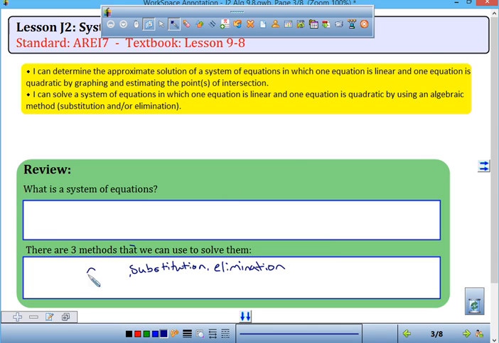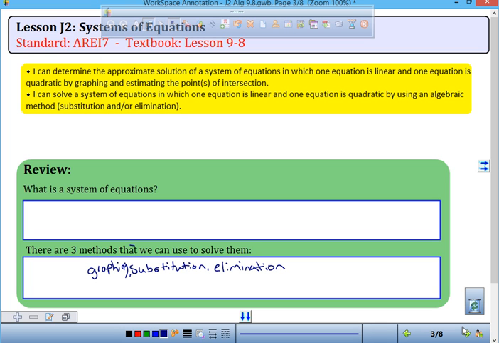Okay, so graphing, substitution, and elimination were our three methods that we used to solve systems. Systems are two equations used to solve one problem. It could be more than two equations, we're just looking at two this year. When we first started systems, we used two linear equations in y equals mx plus b form.